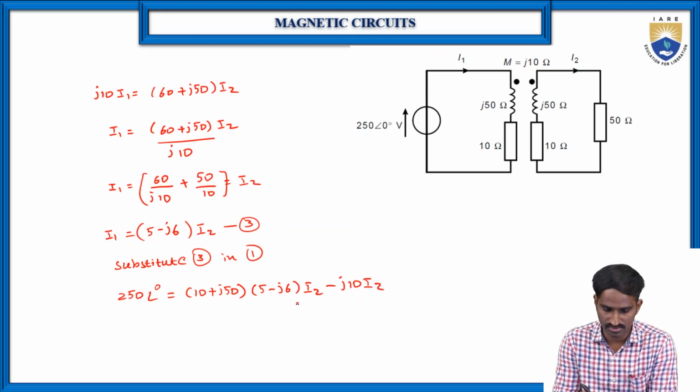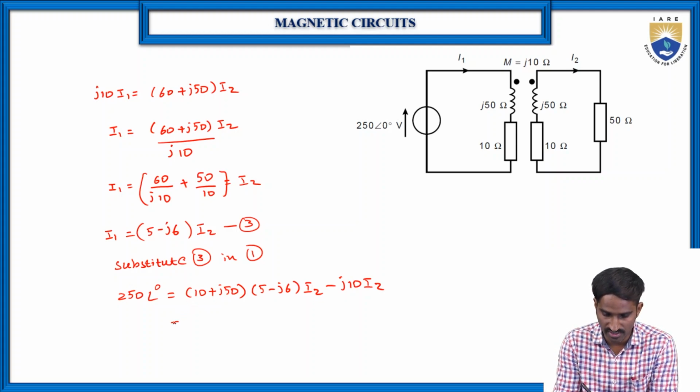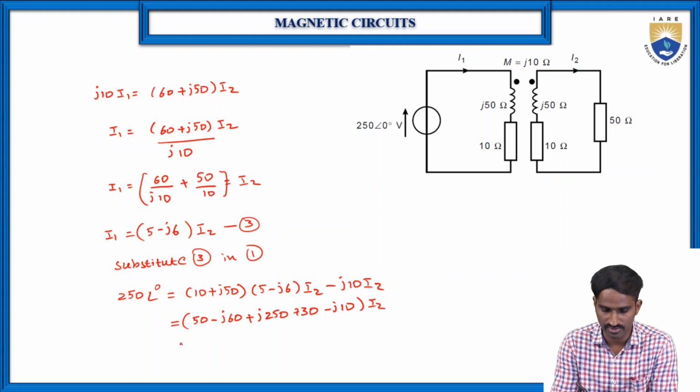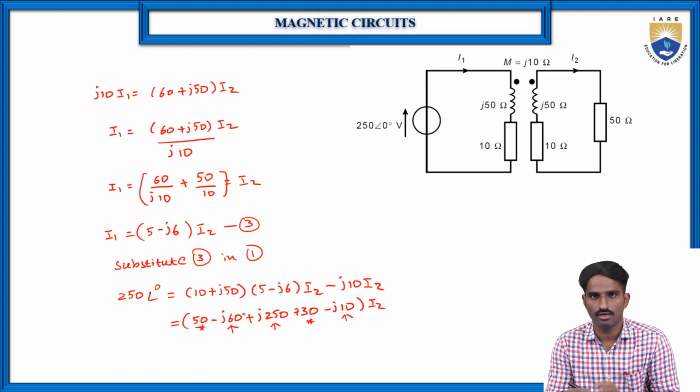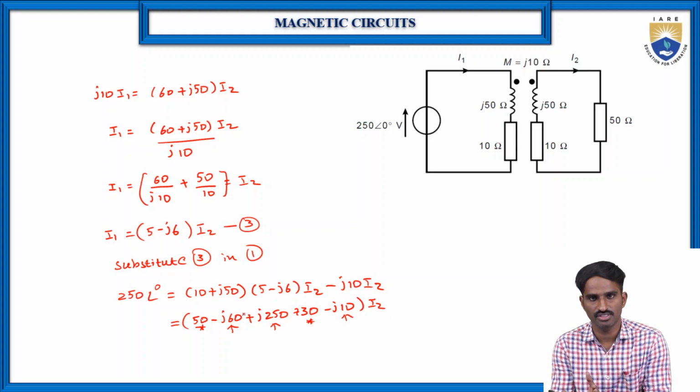You just simplify this, multiplying these two, then you will get 50 minus J60 plus J250 plus 300, minus J10, because I'm taking I2 as common. If you further simplify, this is a real term and this is also a real term, and these are imaginary terms. So add the real terms together and also the imaginary terms together.